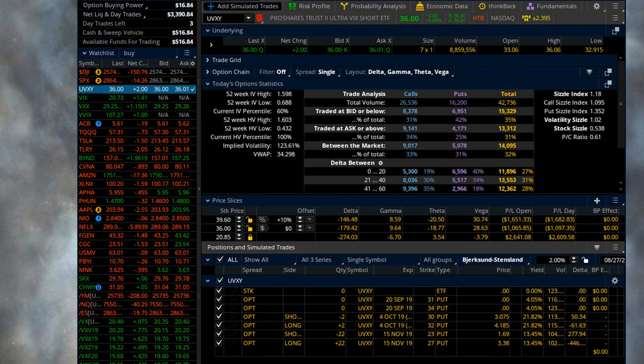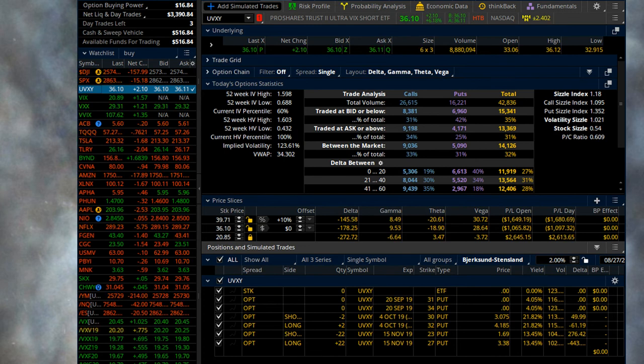In this case, you can see puts 42% traded at the bid or below and only 25% traded at the ask or above. So that means there's more put sellers than buyers right there. But like I said, these stats can be a little sketchy at times. A lot of times with actual stocks, a lot of these will be not available or something.